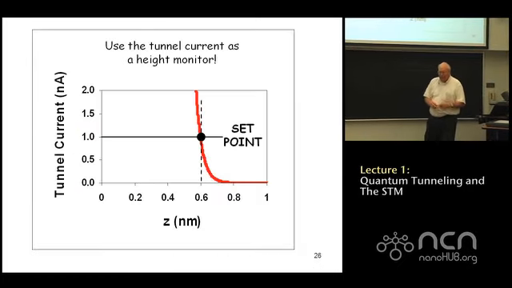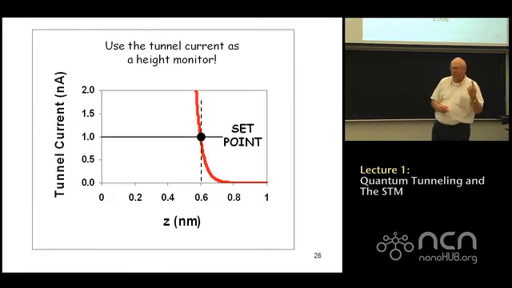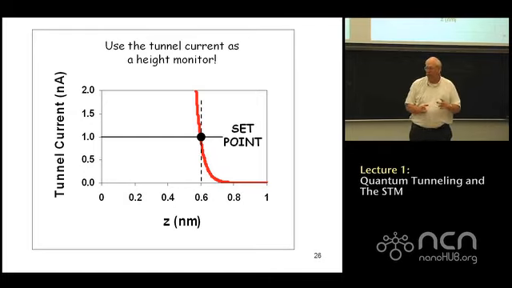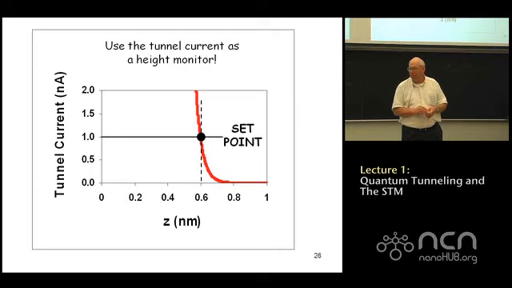The idea now becomes, if you followed the discussion, if the tunnel current varies exponentially with position, and if the tunnel current changes by roughly a factor of 10 every time you increase the barrier width by 1/10 of a nanometer, then why not use the tunnel current as a height monitor?